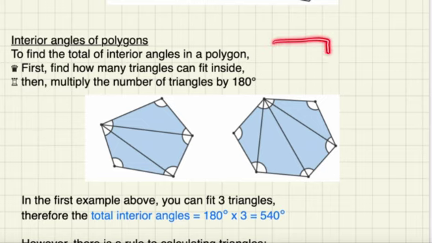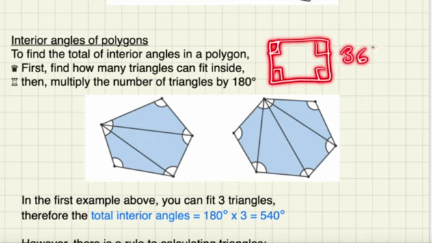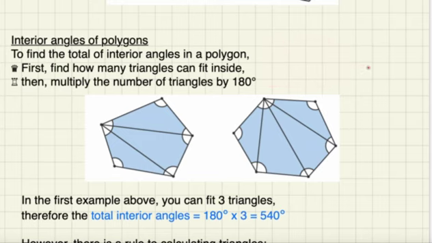We also know another rule, and that is with the square, with quadrilaterals, all the angles we find add up to 360 degrees. So the question is how many triangles can fit in here, and if we know the number of angles in a triangle, then we can work it out. So it says first find out how many triangles can fit inside.